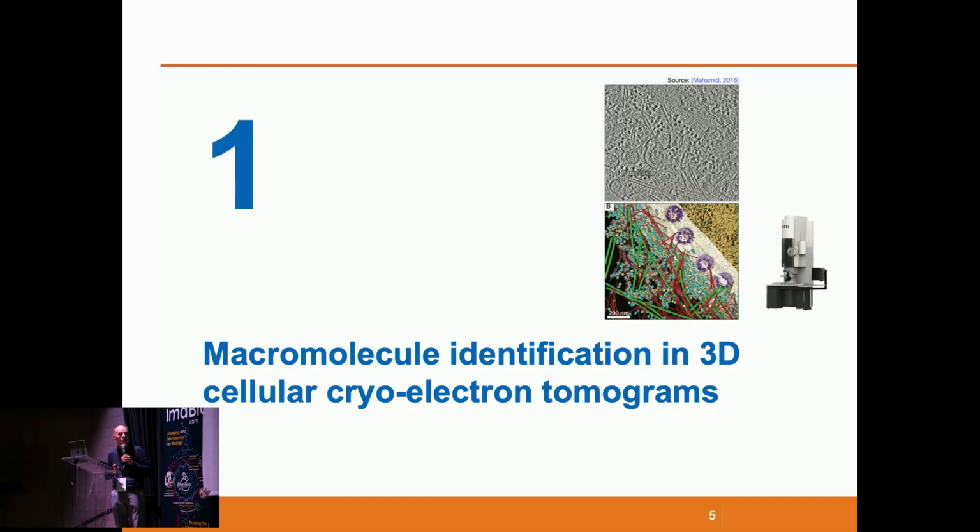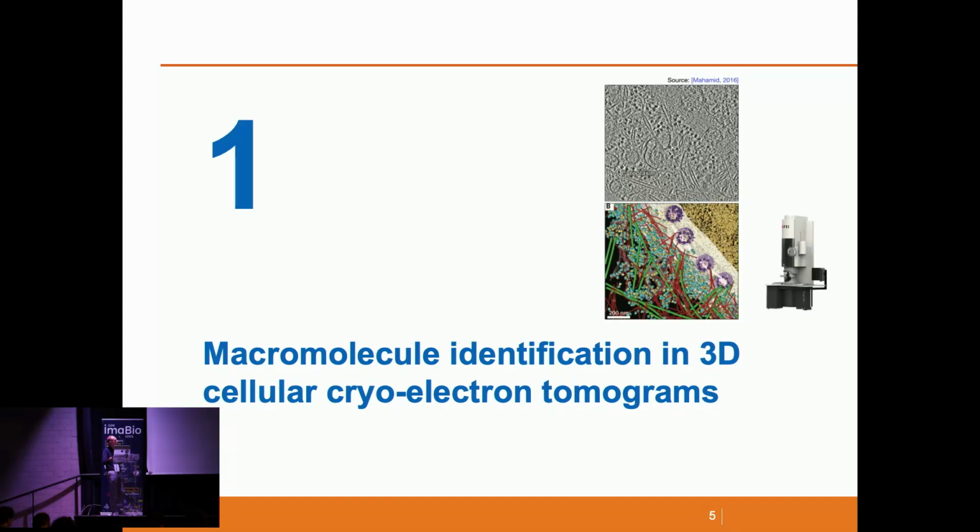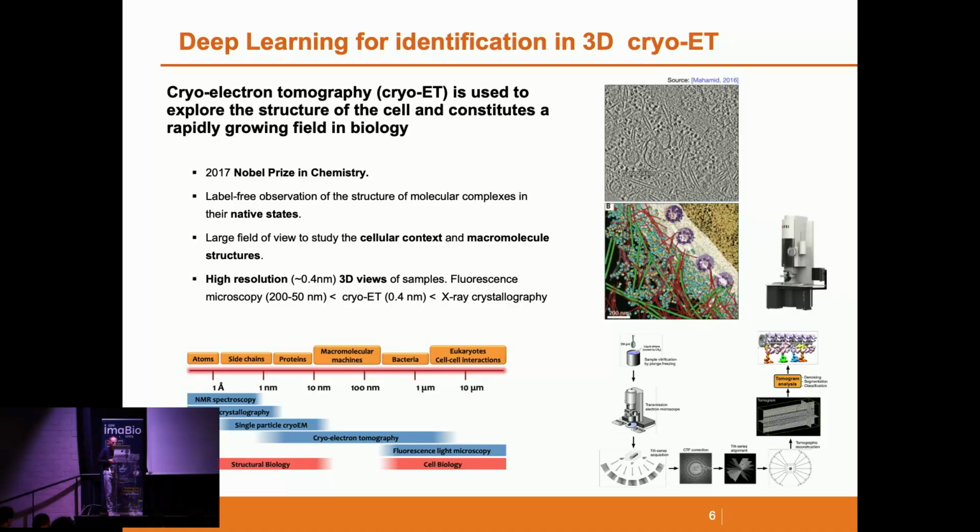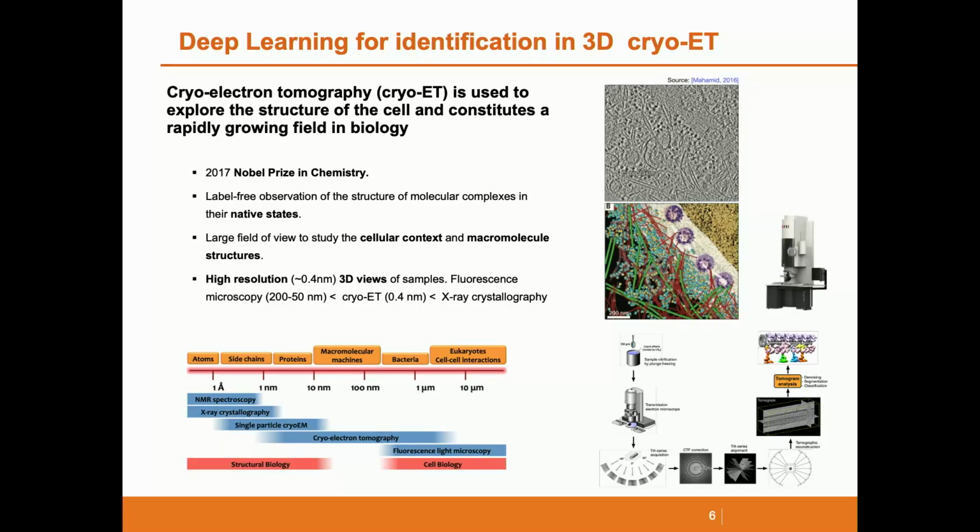So now I'm going to focus on another technology, which is not fluorescence microscopy, but cryo-electron tomography. It is not a cheap system, but it has the advantage that you can observe all macromolecules in intact cells in situ. You have the ability to detect maybe 100 macromolecules, maybe more, in the cell, provided you can detect these macromolecules, which are very small objects in general.